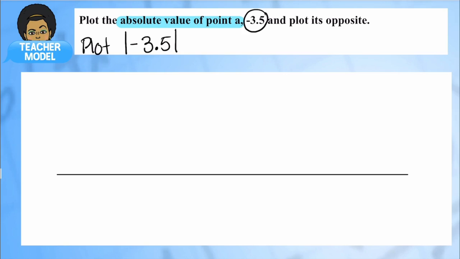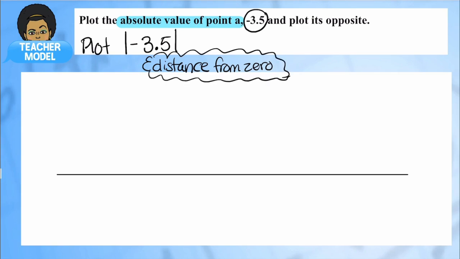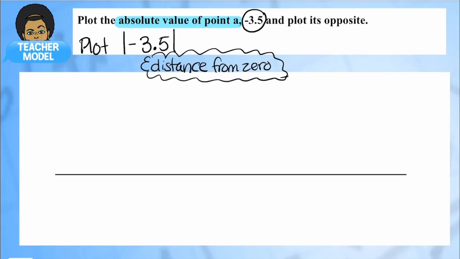So remember, when we think absolute value, you should automatically be thinking distance from 0. That's what you're thinking in your mind. So how far away is negative 3.5 from 0? It's 3.5. Okay, so that's the first thing we're going to plot. We're going to plot 3.5.